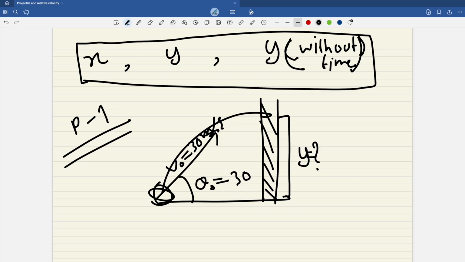Because in projectile motion we had talked about these three points: initial, final, maximum point. We haven't talked about this y at any point or x at any point. If I want to figure out y at this point, or if I want to get that x at this point, I can't, because we hadn't derived any equation.